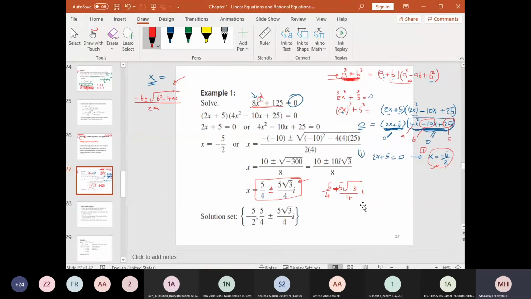You're going to find that it is equal to 0. Even if you take 5 over 4 plus 5 square root of 3 over 4i and substitute here, the answer is going to be equal to 0. We knew before how to multiply a complex number by a complex number, if you want to test anyway.